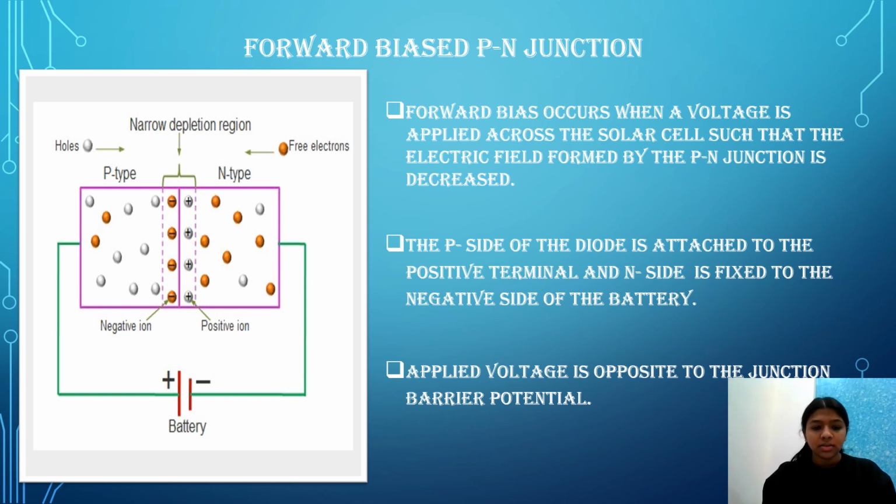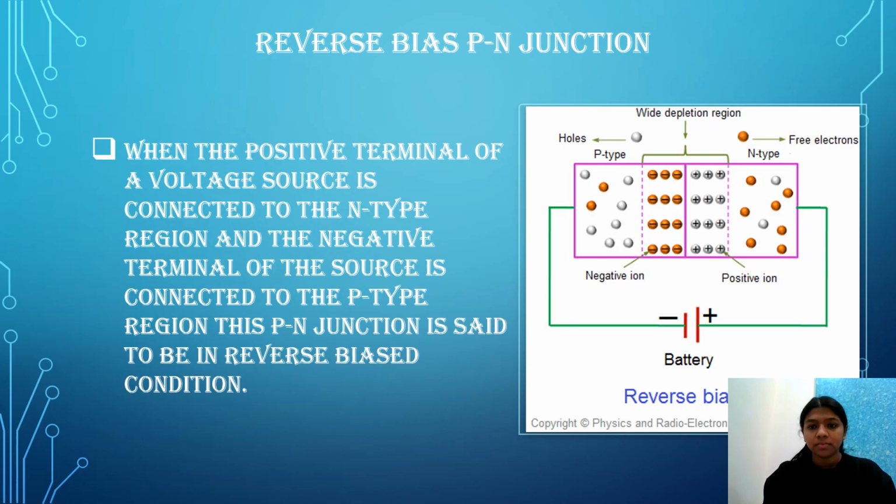The next is reverse bias PN junction. When the positive terminal of the voltage source is connected to the n-type region and the negative terminal of the source is connected to the p-type region, the PN junction is said to be in reverse bias condition.